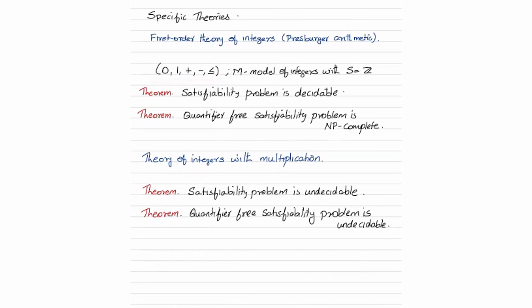And if you look at formulas which are quantifier free, so you don't have the quantifiers exists and for all, then it's actually NP complete. So it's quite attractive in that sense. I think it is triply exponential if you don't have this restriction, but if you have this restriction, then it's already NP complete. Okay. So there are theories.